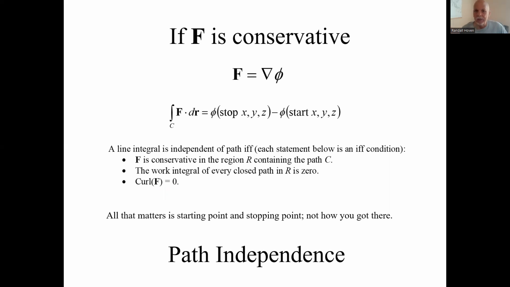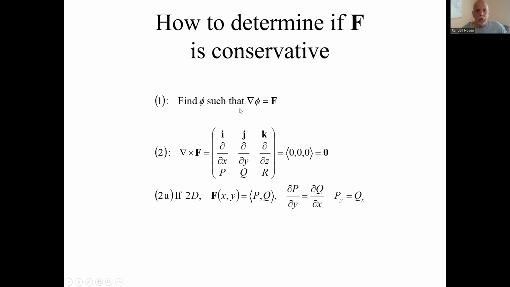But in my course and in most problems in vector fields, it's pretty safe to say that if the curl is 0, then the vector field is conservative. The real way to determine if it's conservative is if you can find the potential function.